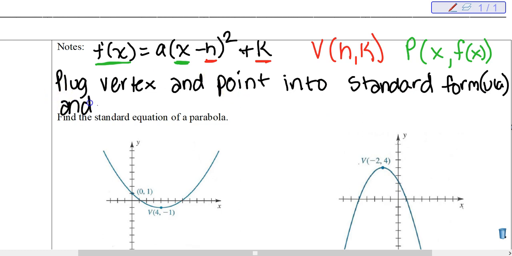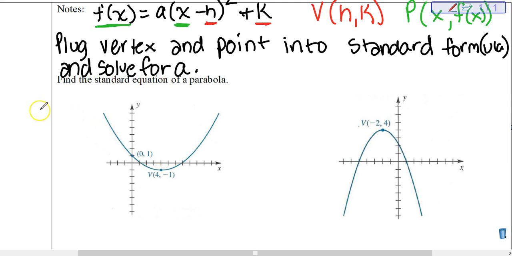And solve for a. And that's all we need. Then we will write the equation, we'll plug in the a and the vertex, and then we'll have the equation of the parabola.